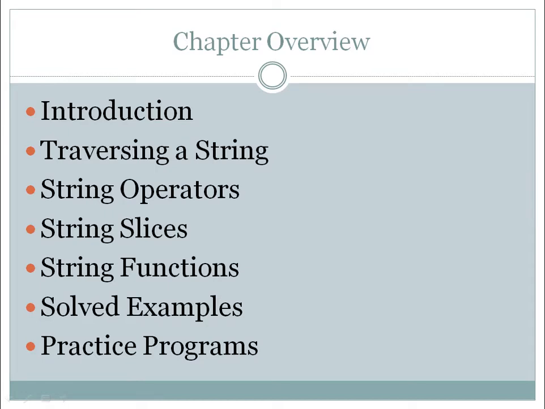While covering this chapter, we will be discussing the introduction to strings, traversing a string, string operators, string slices, string functions, some solved examples on strings, and some practice programs for you. So let's begin the chapter with the introduction to strings.